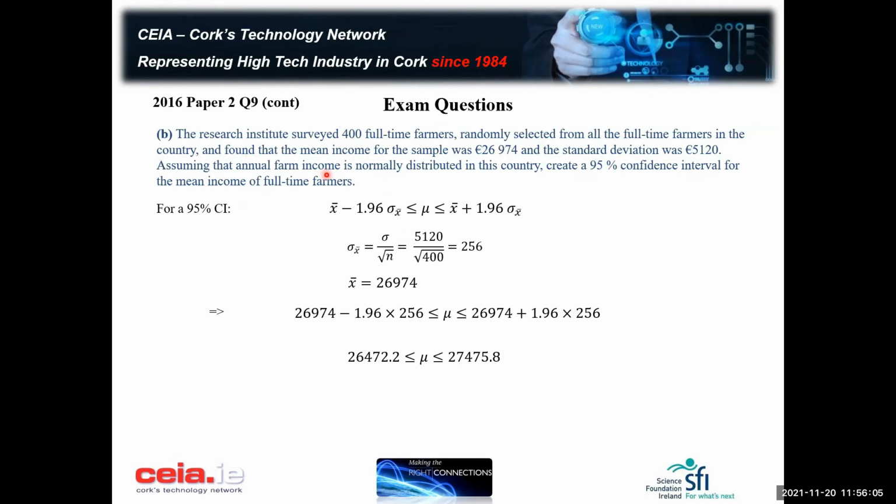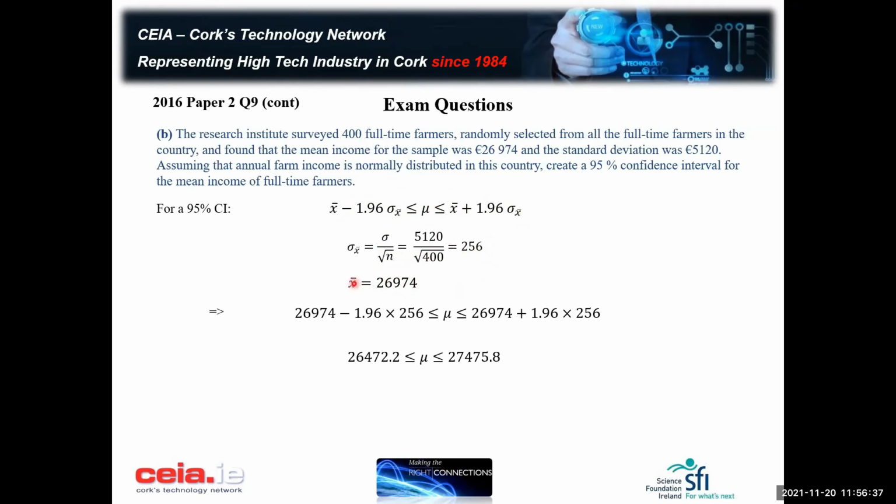Okay, so you have a sample mean of this value and a standard deviation of this. So first of all, use the central limit theorem to work out what the standard deviation of the means is. It's sigma over root n, 256, and then plug that into our 95% confidence interval, which is the empirical rule up here.